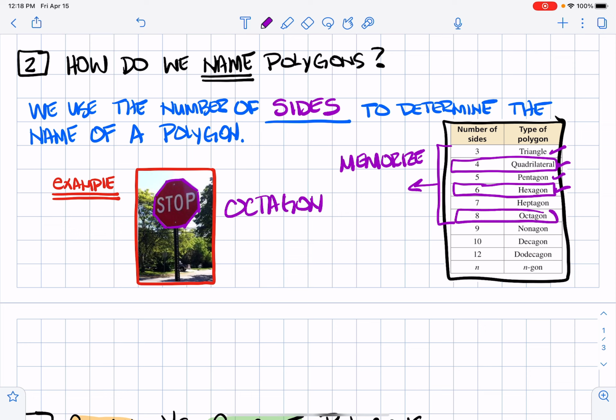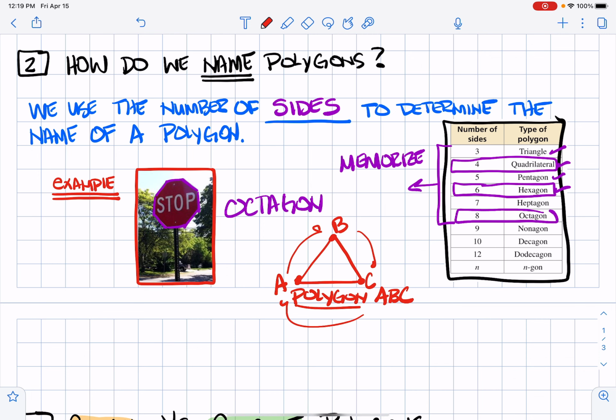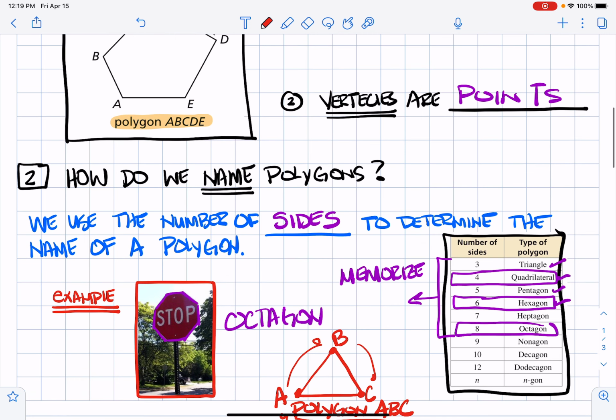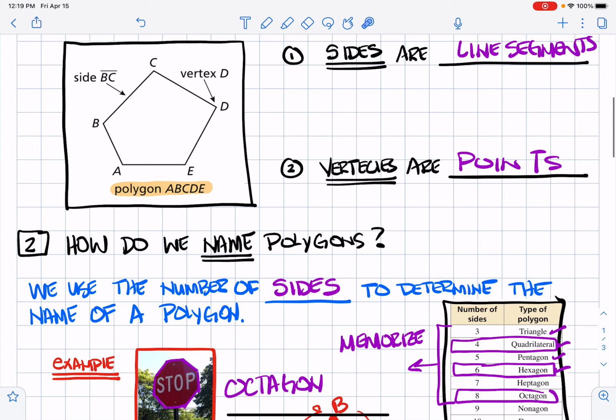Okay, the other way we can name a polygon is as follows. If I have a triangle, for example, with 3 sides, and let's say I have this A, B, and C, we can name it by saying, well, this is also called polygon ABC. So you just start with one vertex and work your way around and write it together. Like in the last example, we called this also polygon ABCDE.